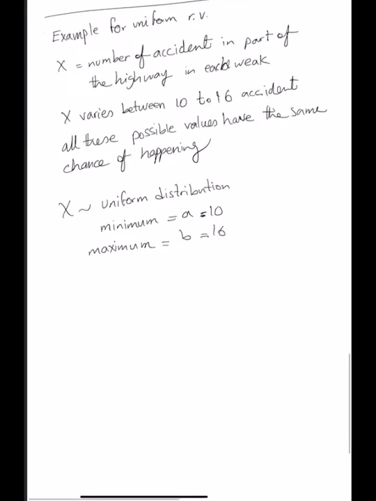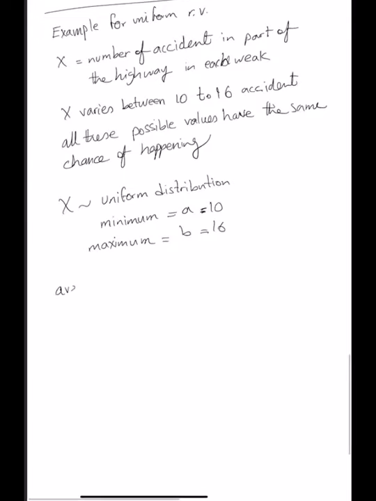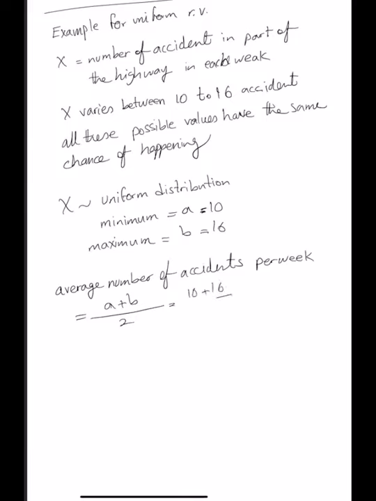So then if I tell you, on average how many accidents we get, so the average number of accidents per week in this highway, that's A plus B divided by 2, right? 10 plus 16 divided by 2, that's going to be 13.